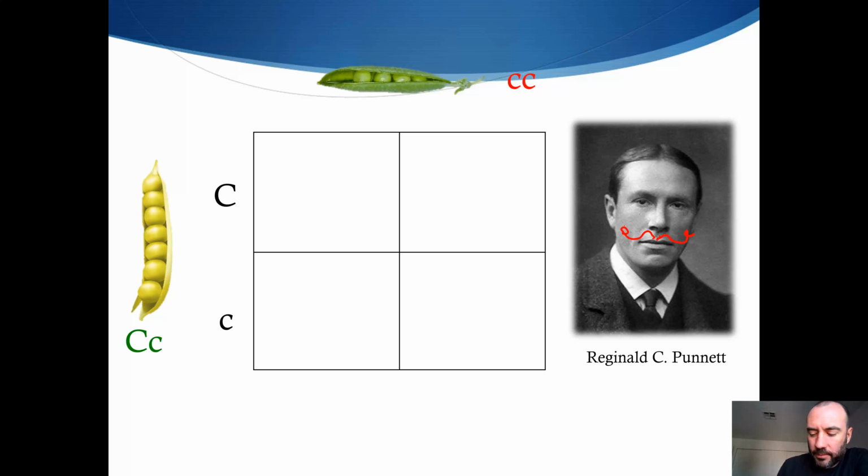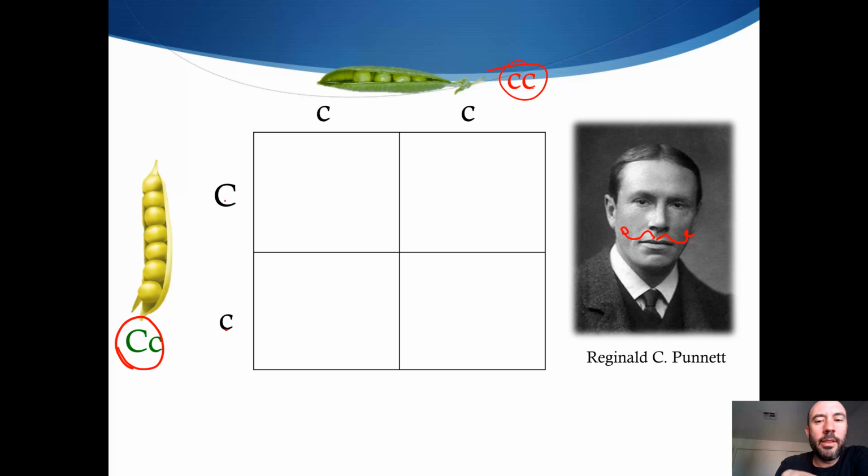So we've got a yellow pea plant that is heterozygous, big C or little c, right? So based on the law of segregation, it can only pass on one of those at a time. So either big C or little c. And then we have a green one, which is homozygous recessive, so it can only pass on little c or little c, okay?